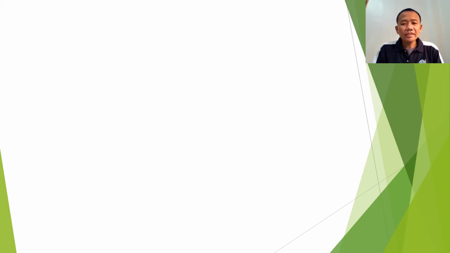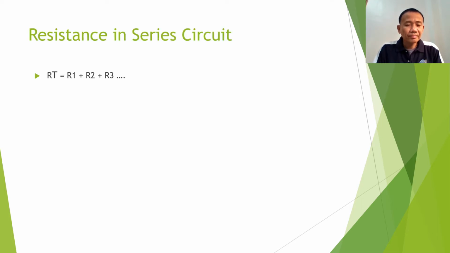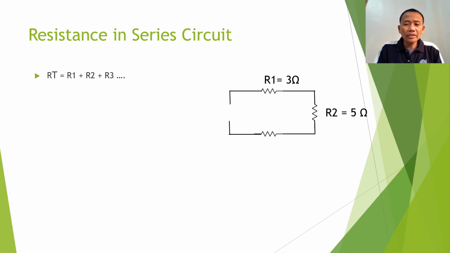Let us have a sample computation of resistance in a series circuit. We use the formula RT, or the total resistance, is equivalent to R1 plus R2 plus R3 and so on. Here is the given circuit. We have R1 equals 3 ohms, R2 equals 5 ohms, and R3 equals 2 ohms.